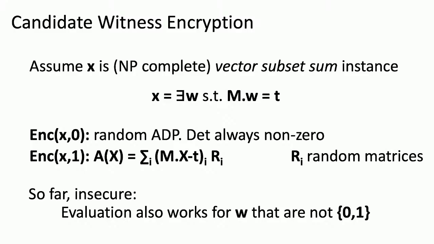I can evaluate on any vector I want, and as long as it satisfies this equation, the matrix I get is going to be 0. Meanwhile, up here, I don't expect to get a 0 matrix for any input. When I evaluate the ADP matrix, I'm always just going to get a random matrix. So that allows me to distinguish 0 and 1 by evaluating on these invalid witnesses that aren't 0,1.